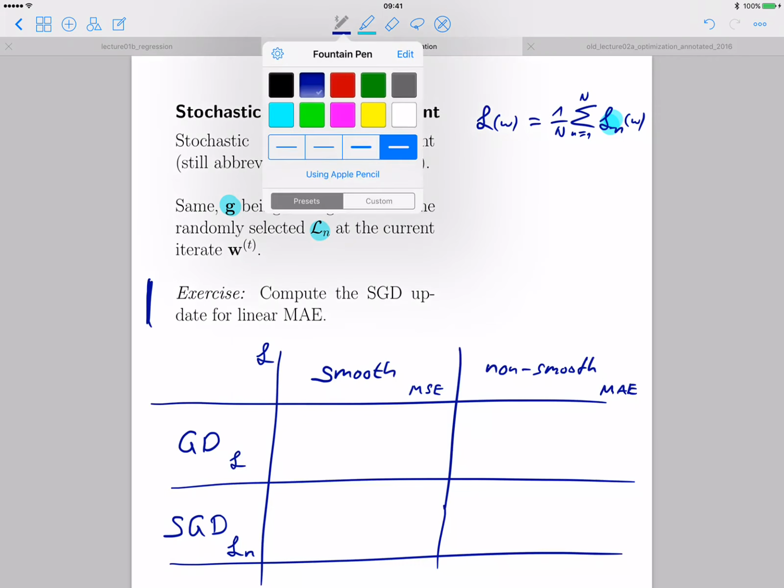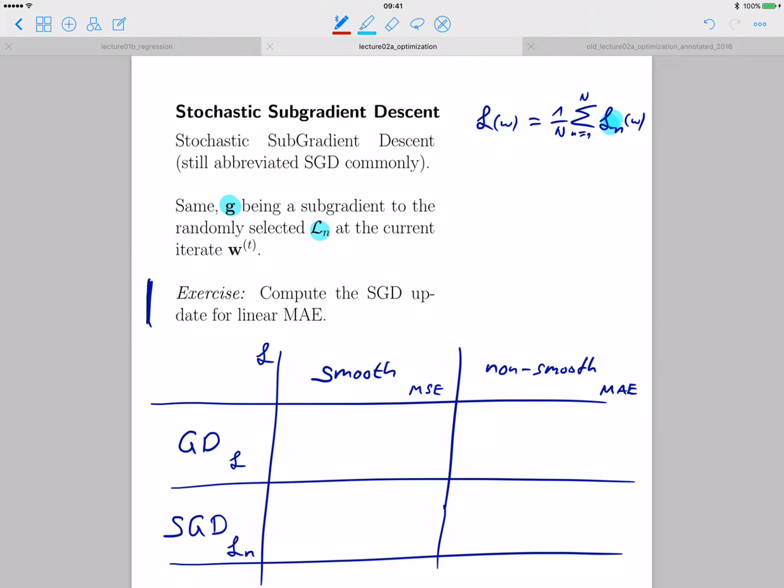And yeah, we discussed the complexities of these things. That's very important. How long does it take? And both gradient and subgradient descent are very slow if you compute the full function, right? D times n.